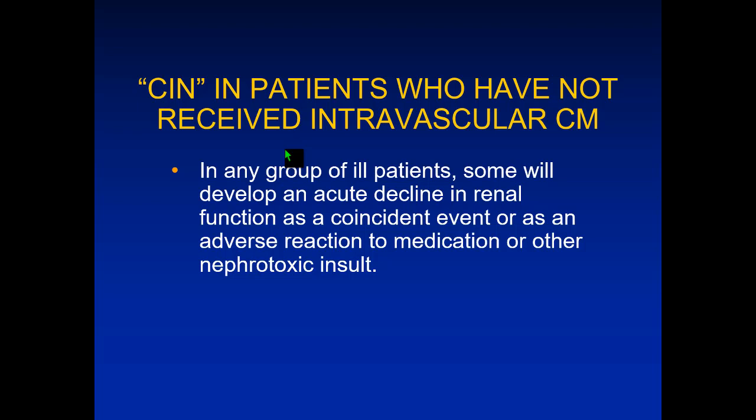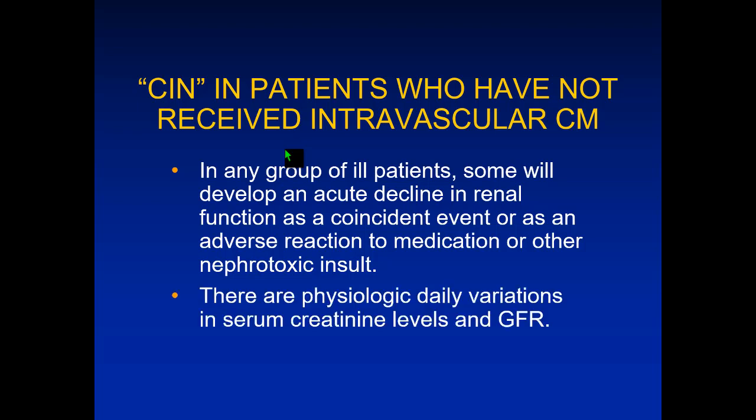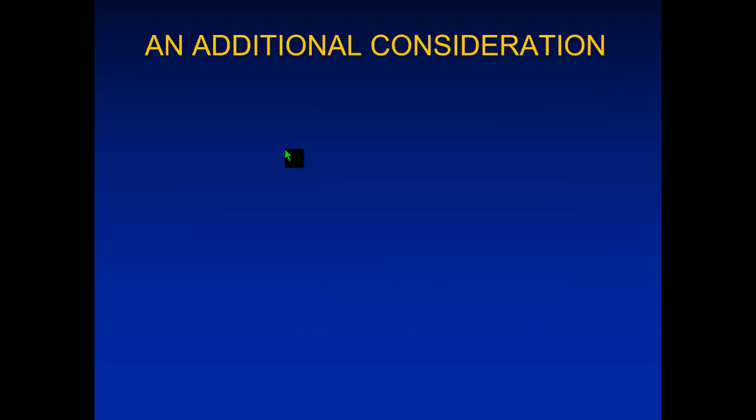It may be a coincident event, such as an adverse reaction to medication or some other nephrotoxic insult, such as dehydration or hypovolemia. And other studies, which I'm not showing here, have shown that there are physiologic daily variations in serum creatinine and GFR. So how do we make sense of all of this?